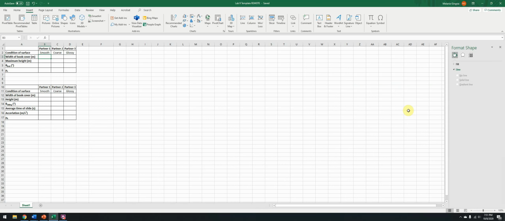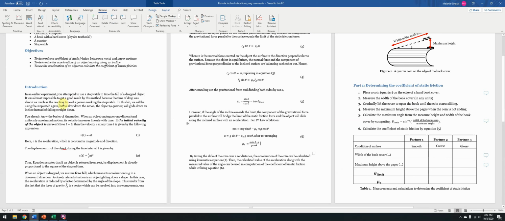So if we look over at the template, I have a hardcover book here, Quantitative Chemical Analysis, and I measured the width of the book, and it was 23.9 centimeters or 0.239 meters. And then I propped up the cover of my book as it shows here. Okay, and as soon as my coin started sliding, I measured that height.